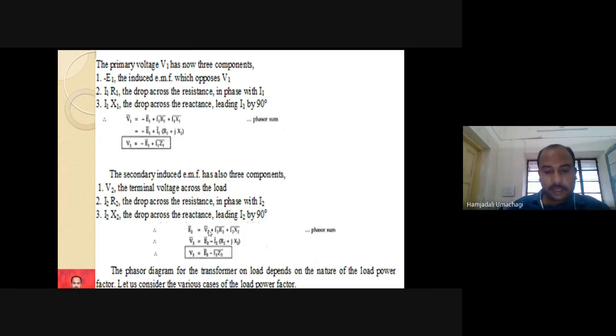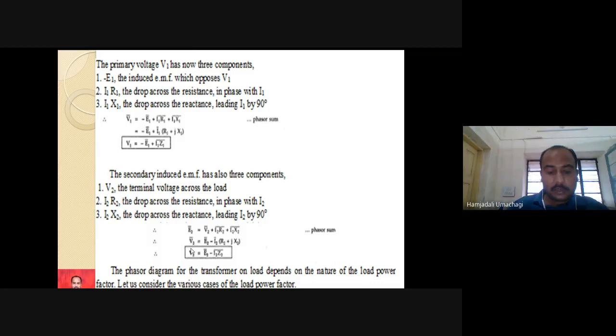Now, if I take this V2 on the left hand side and E2 on the right hand side, then on rearranging this equation, V2 is equal to E2 minus I2 into R2 plus jX2. Once again, what is this R2 plus jX2? It is the secondary impedance Z2.